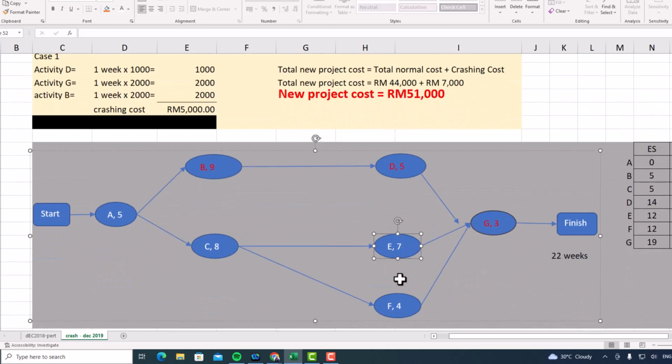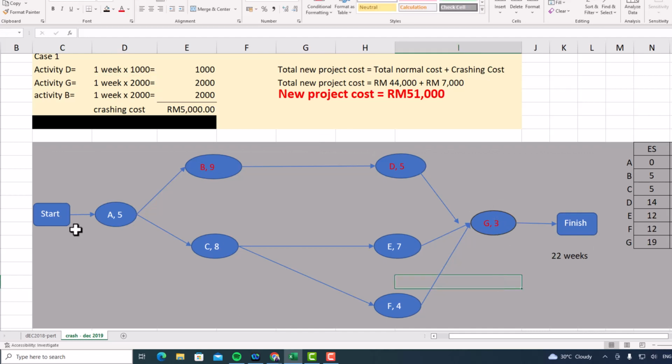And then activity F, same goes. We didn't do any crashing, so we directly get the stated normal time, which is 4. And then for activity G, we did crashing of 1 week. So the originally time needed is 4 minus 1 equal to 3.